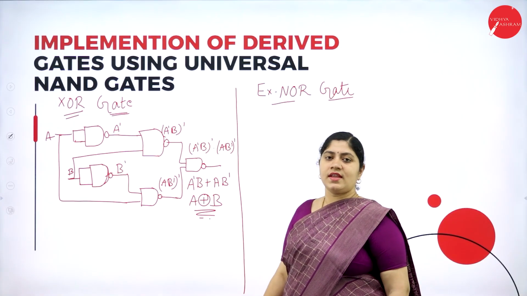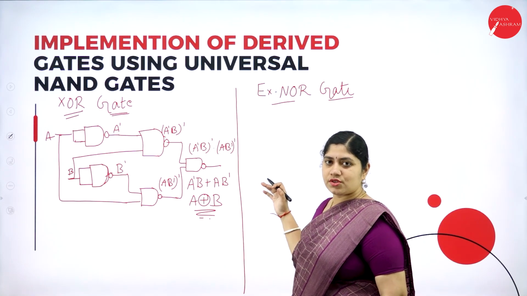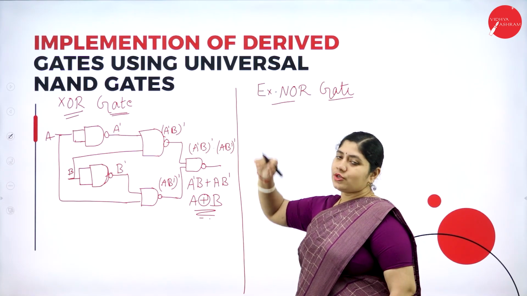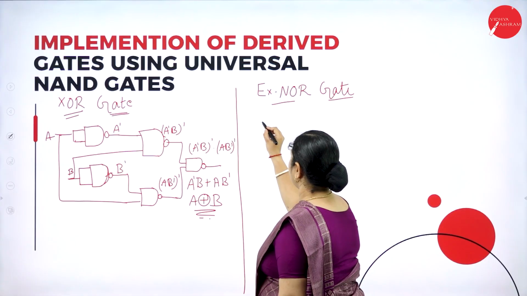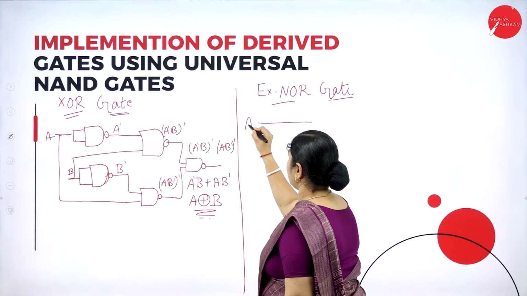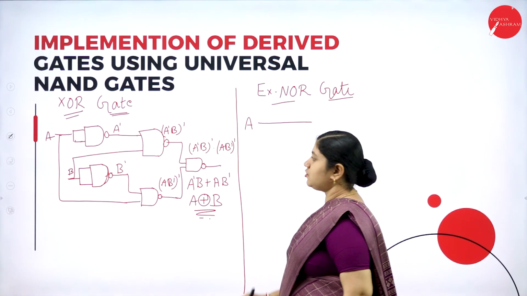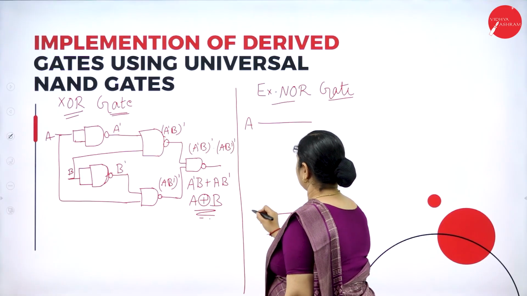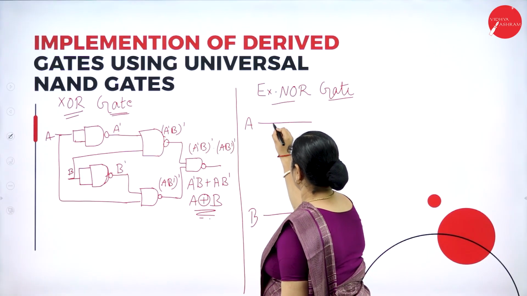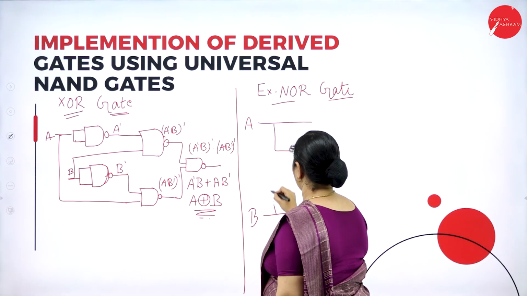Up next, let's see how to realize an XNOR gate by using a universal NAND gate. As we know, we are dealing with two inputs, that is A and B. From here, let's draw a small NAND gate.